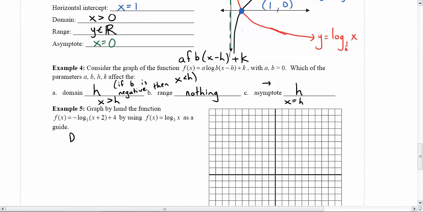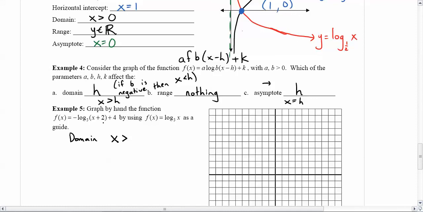So if you take a look at this graph here, you can figure out the domain and range without having to do any calculations. Do you know what the domain is? The domain can only be changed by moving things left or right. It's the 2 that's moving the graph.